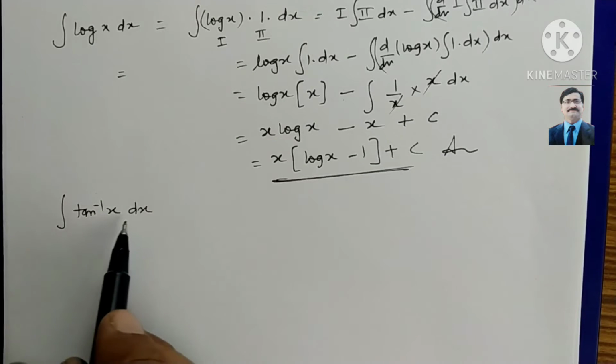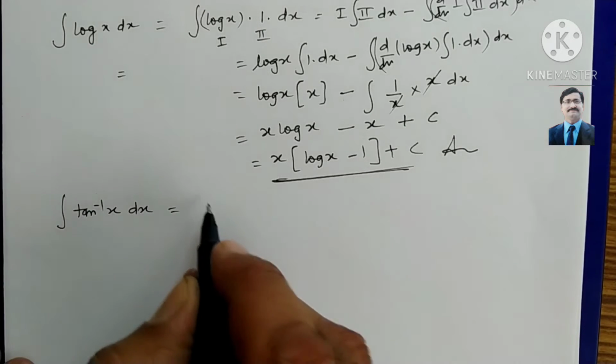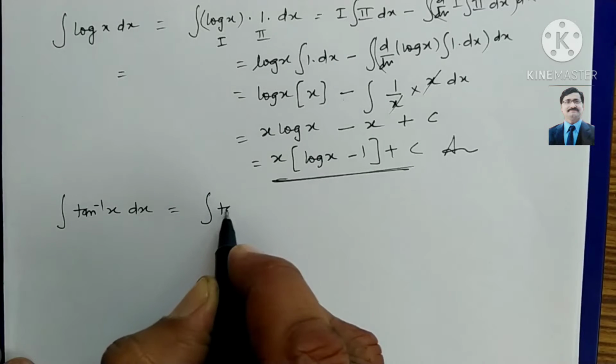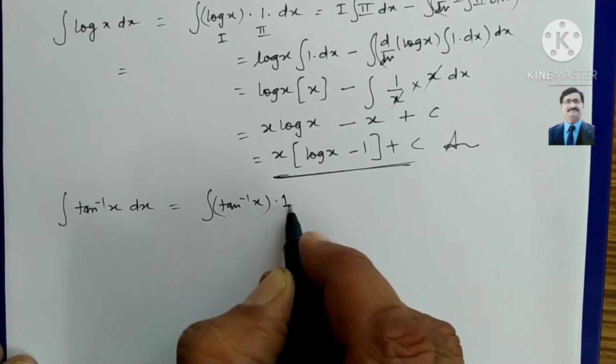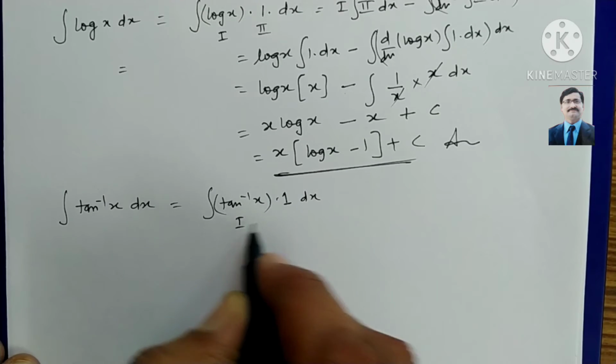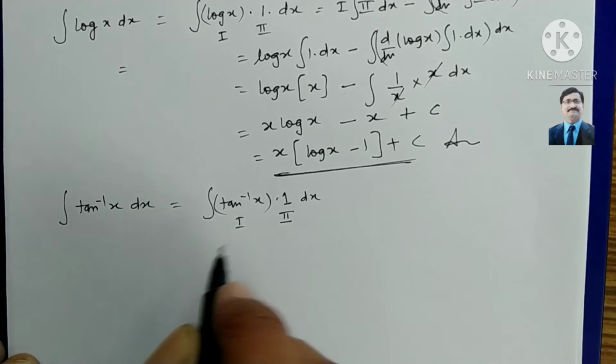Integral of tan inverse x dx. Look here, this question also we do the same way. Here we write tan inverse x and 1. Tan inverse x will be first and 1 is second.